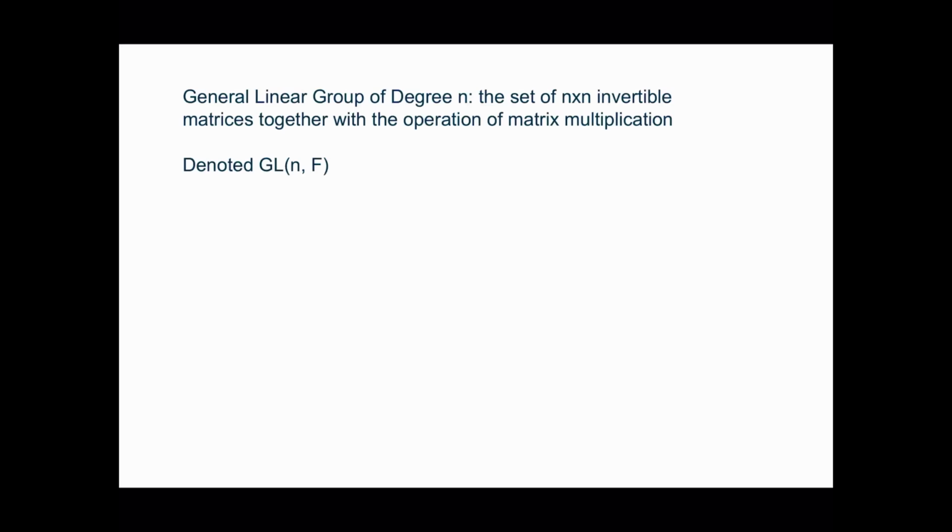So firstly, the degree n of a general linear group is just going to specify the size of the matrices that we're going to be working with. For example, let's say I specify a degree of 2. Then I know I'm going to be working with 2x2 matrices because of this n by n specification. So for example, I could be working with a matrix like 1, 2, 3, 4, which has 2 rows and 2 columns.